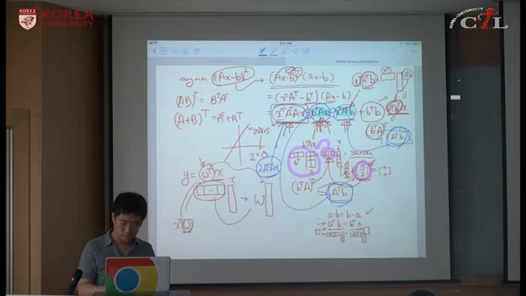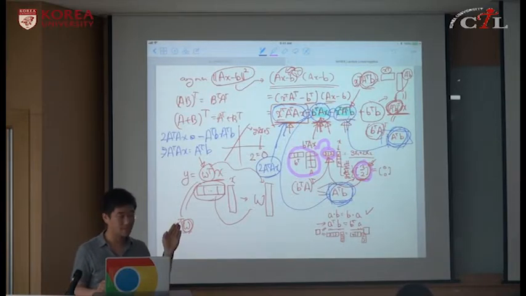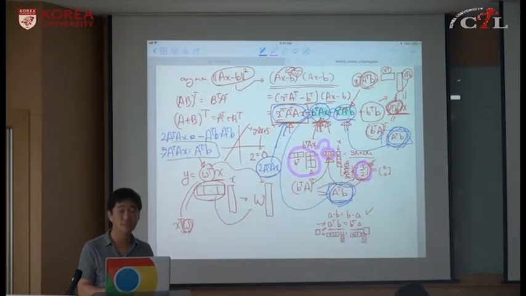And then what do we obtain? 2 A transpose AX equals, or minus this guy and this guy, A transpose B minus A transpose B. And thus, yeah, this guy is represented as this guy. Okay. I didn't expect it to take that long, but anyways, we obtained this equation.